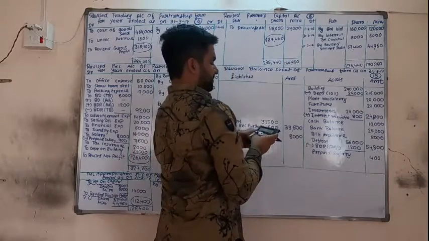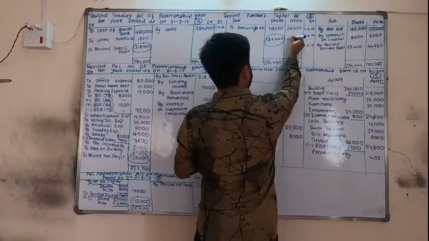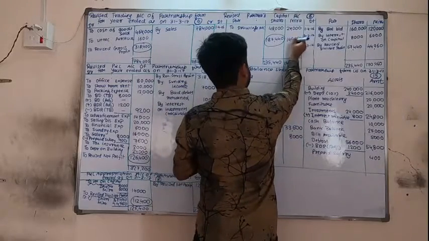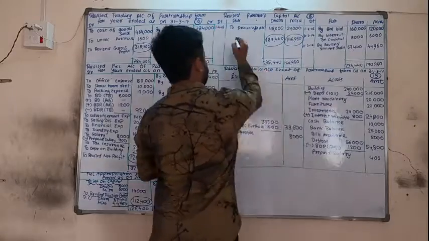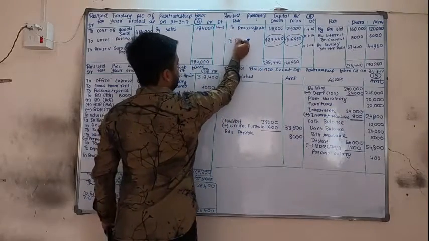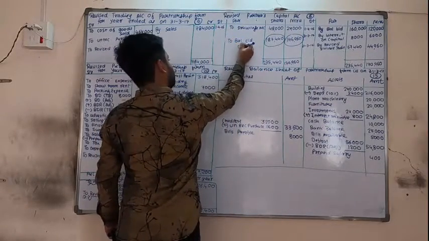Minus 24,000 is 1,46,960. Okay. This is to balance, carried down credit balance.